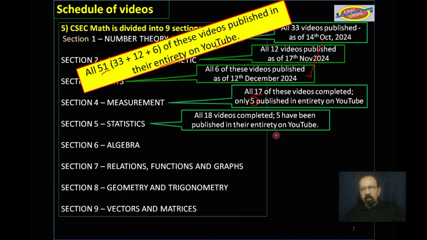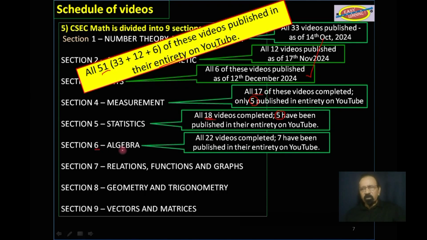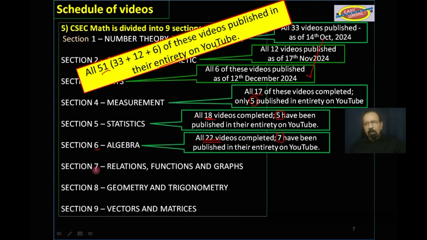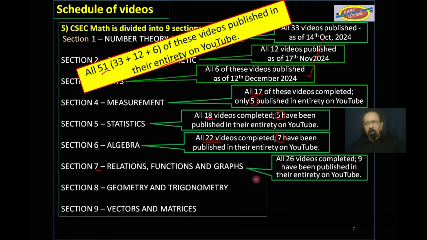Section 5, statistics: 5 of these videos have been published, 5 out of 18. Section 6, algebra: 7 out of 22 videos have been published. And section 7, relations, functions, and graphs: 9 of these videos have been published, 9 out of 26.